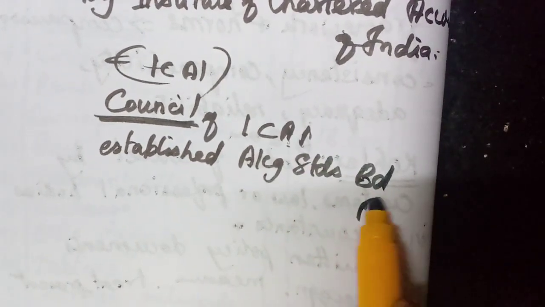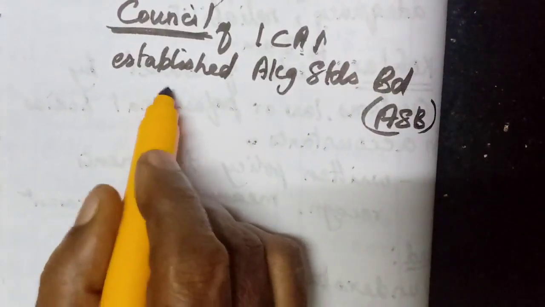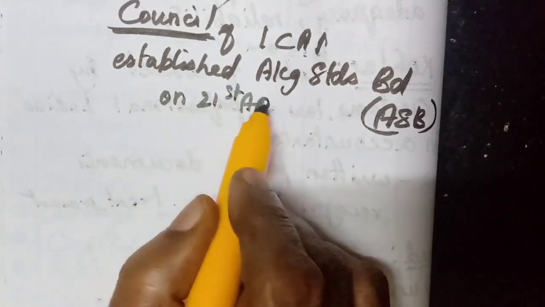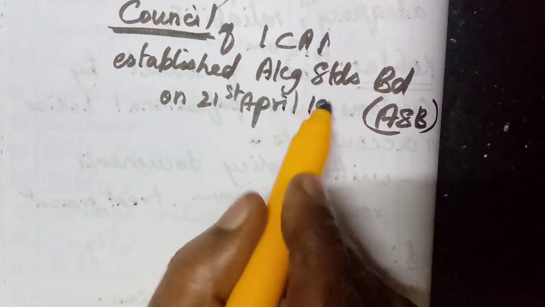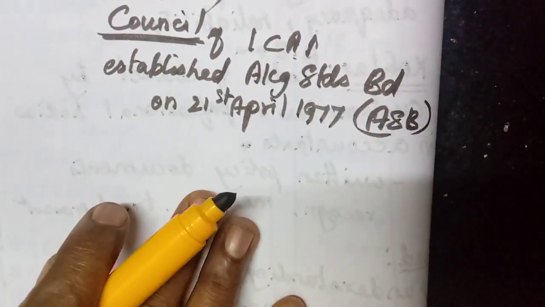It is called ASB. They established this on 21st April 1977. For 1 mark, you should know all these things. That's why I am explaining clearly.